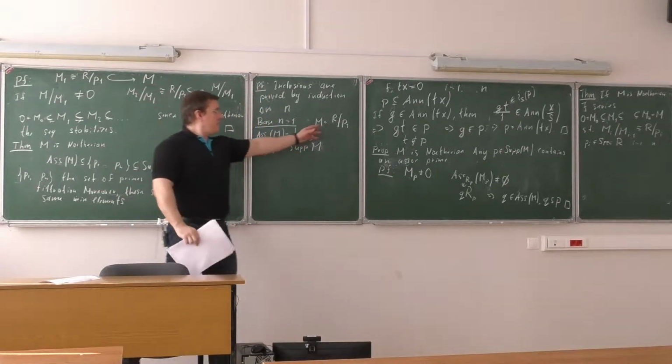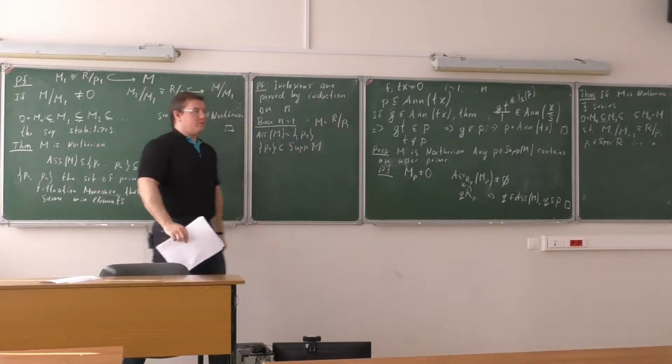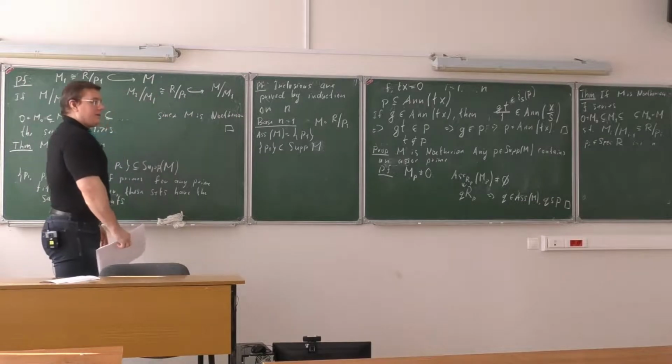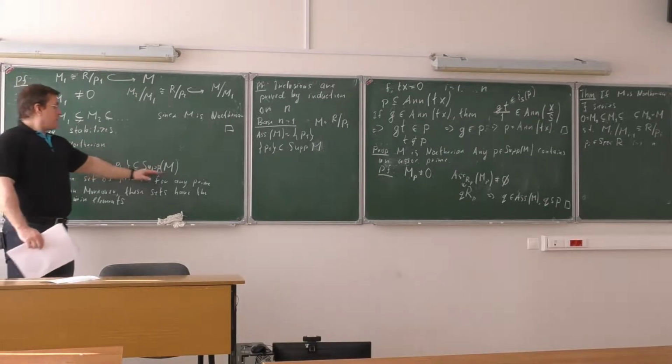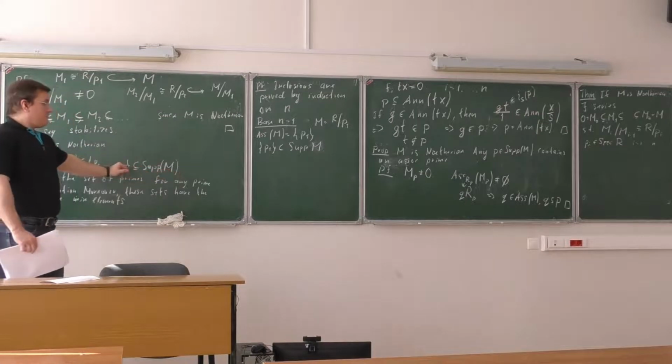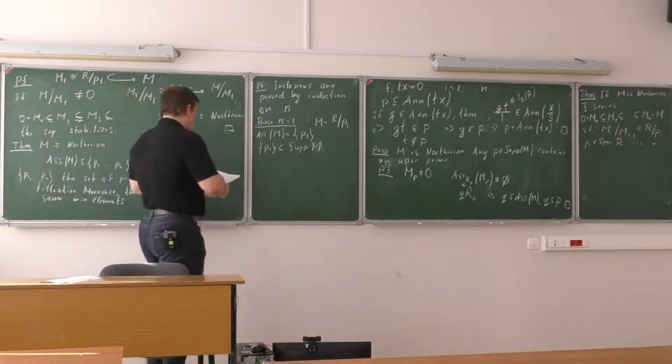If I take this thing and localize it at P1, this is not 0. So we get these two inclusions in the case when n is equal to 1. These two sets actually coincide. The support could be much larger, but at least P1 is an element in the support.